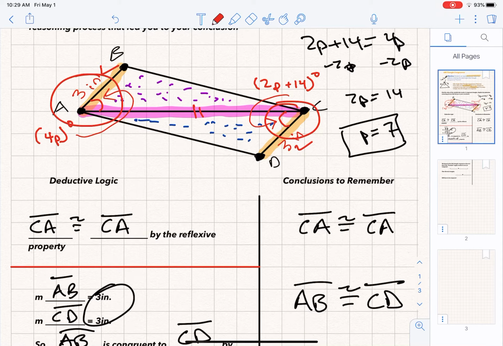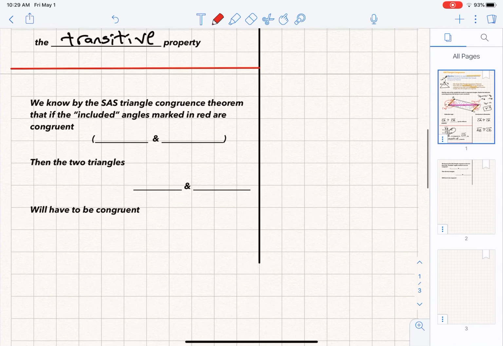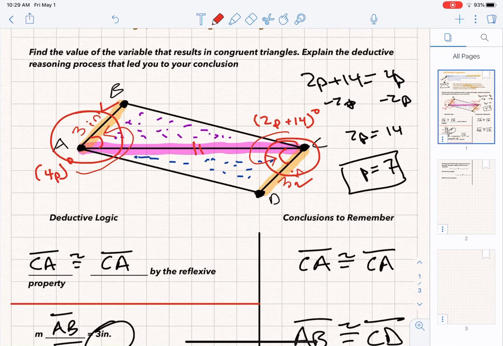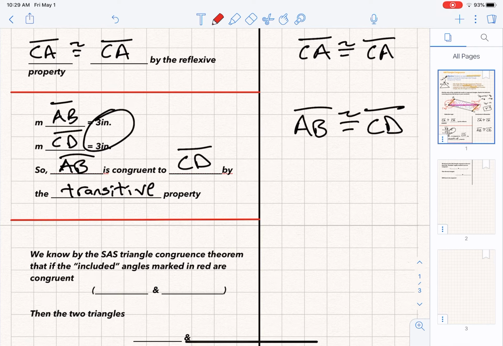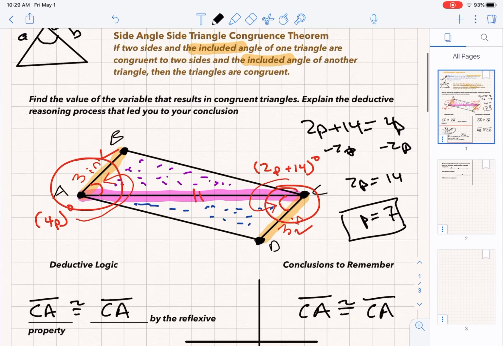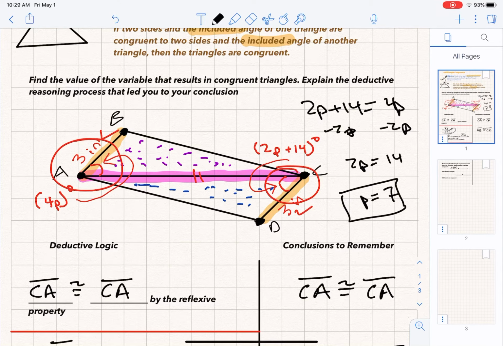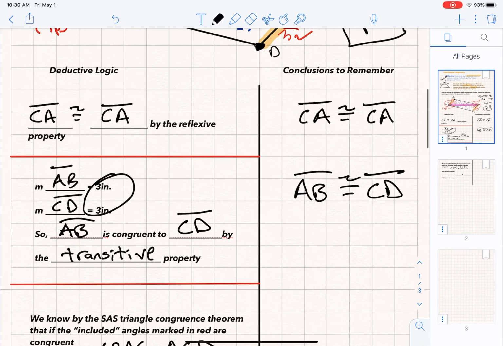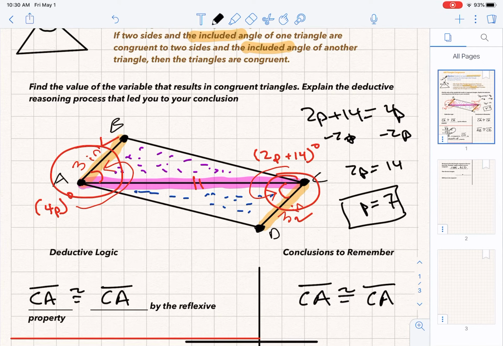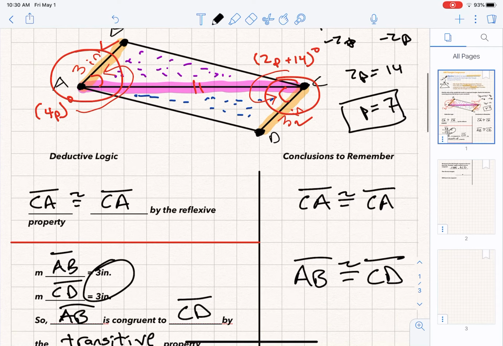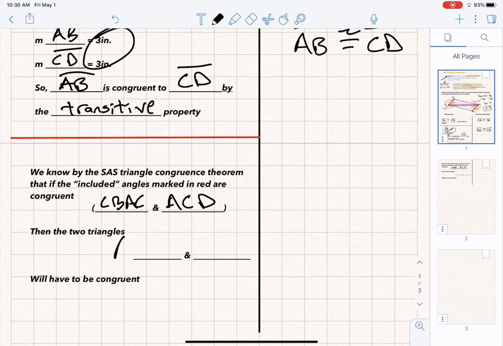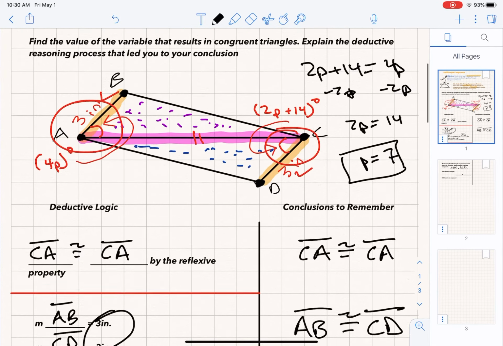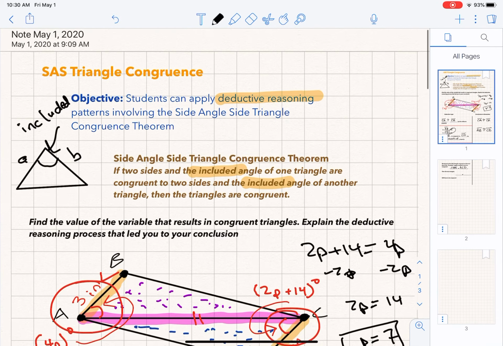In other words, we know by the SAS triangle congruence theorem that if the included angles marked in red are congruent, and we're going to call this angle BAC, I'll go back to my black color here, and then the other one up here is going to be called angle ACD, then the two triangles, let's start at this corner A, triangle ABC and triangle CDA, will have to be congruent.